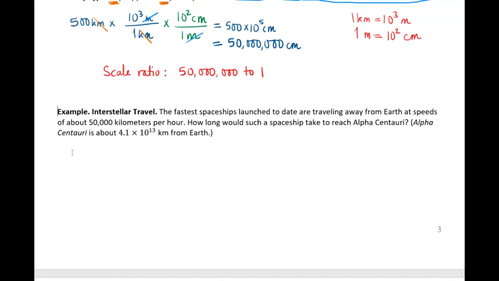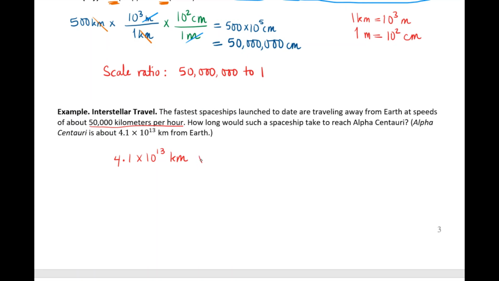So this is a nice one. It's that typical type of problem. The distance that you want to travel is 4.1 times 10 to the 13 kilometers, and you want to convert this into hours, and your spaceship goes 50,000 kilometers per hour.